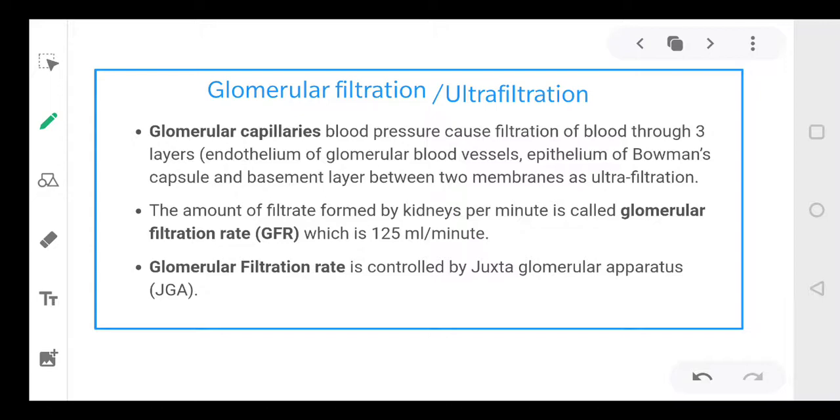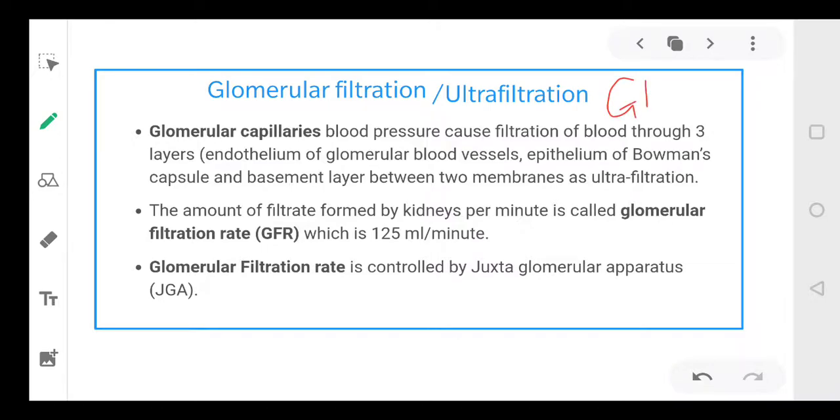Now coming to the first step, which is called glomerular filtration. The first step in urine formation is basically the filtration of the blood. In this very first step, the blood will be filtered, and this filtration of the blood will be done by the glomerulus.